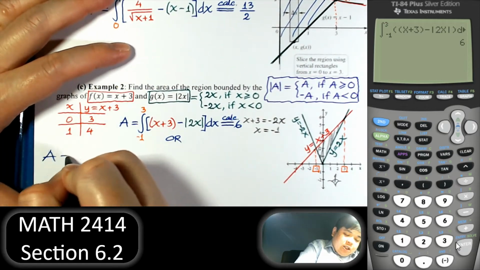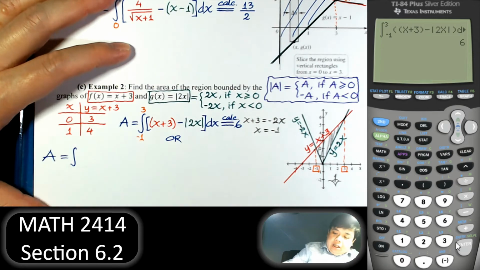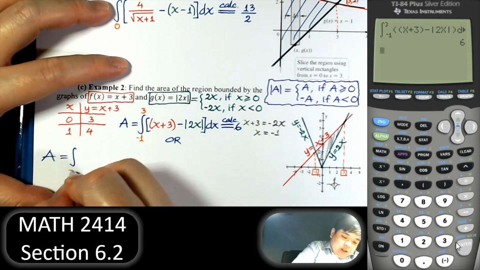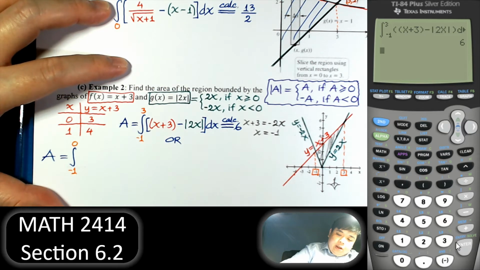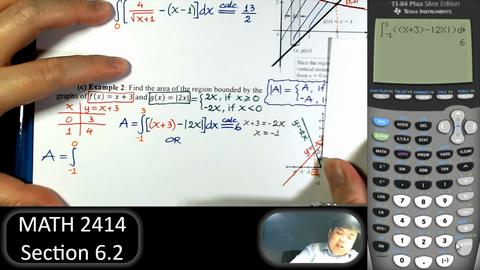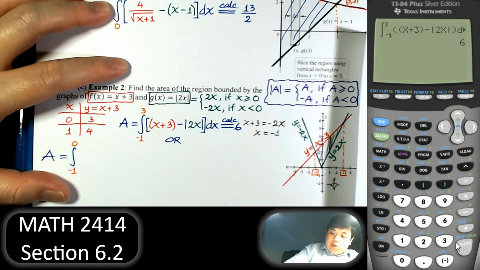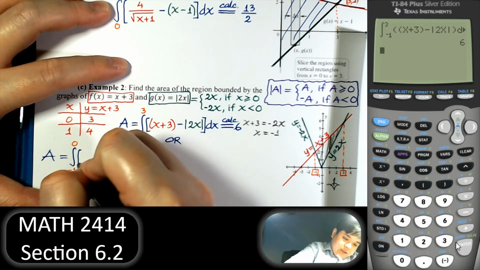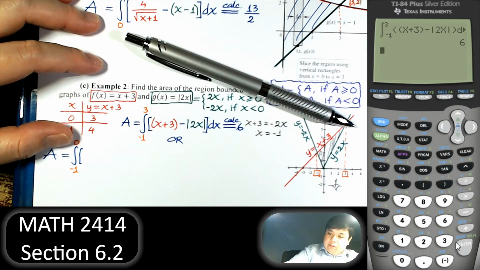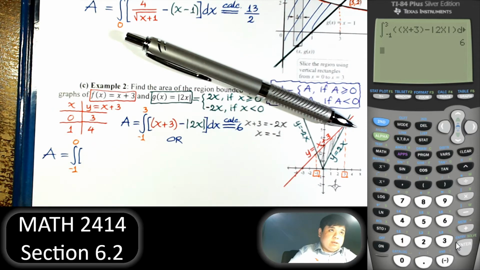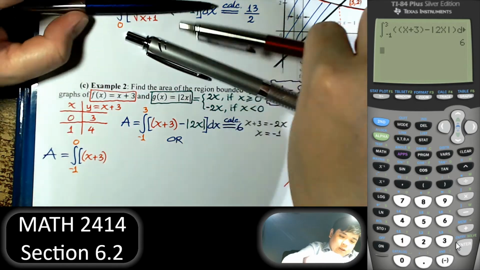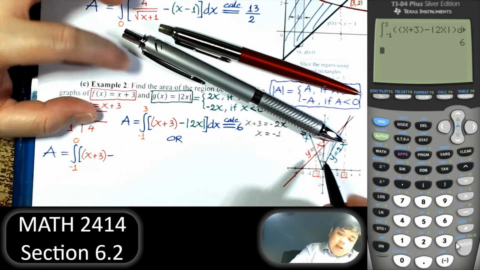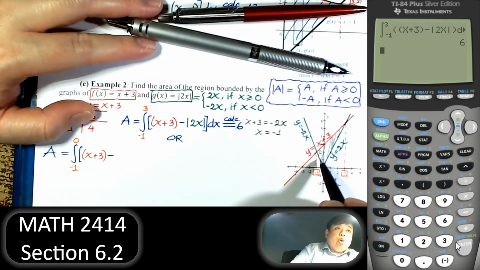We can say if we go from -1 to 0, for this part, the function above is x plus 3. The function below is -2x.